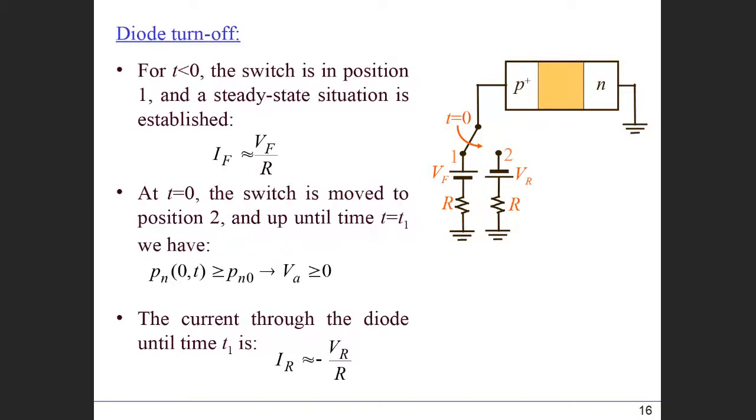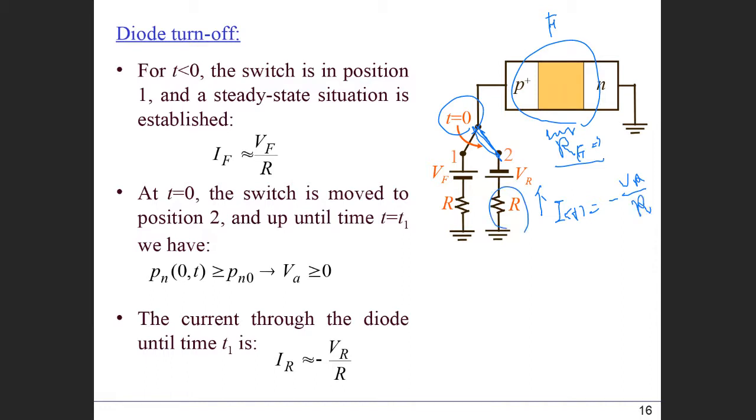In the forward bias, the resistance of the diode is very, very small, so the current is mostly limited by negative VR over R in the outside circuit.